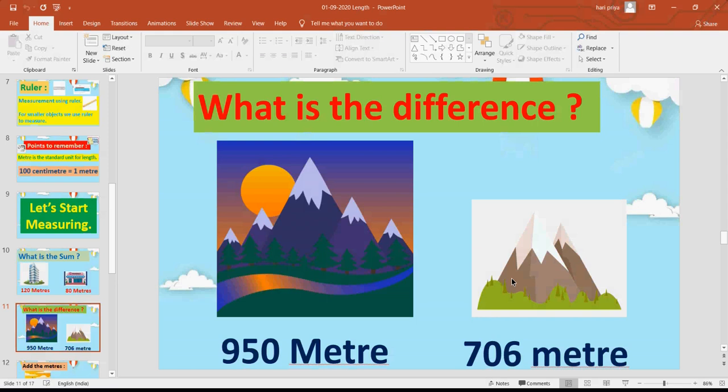Varnika, can you check your answer? If you subtract 706 from 950, what will be the answer? And all others, yes, your answer is right. Please try to drop the answer with the units, okay?